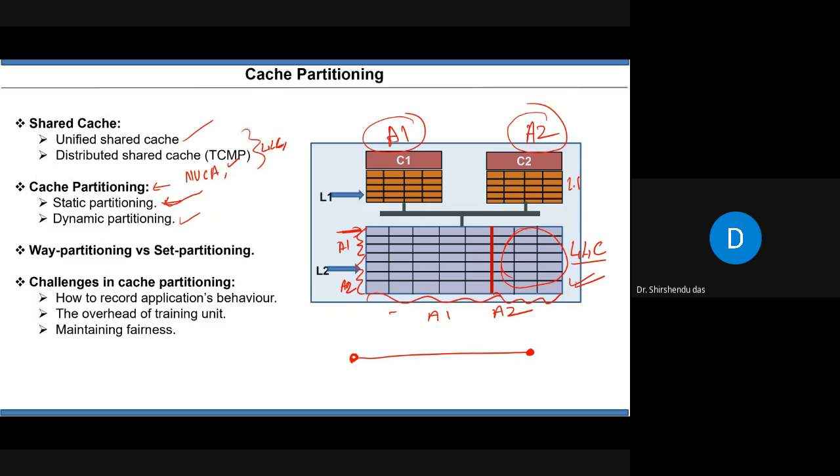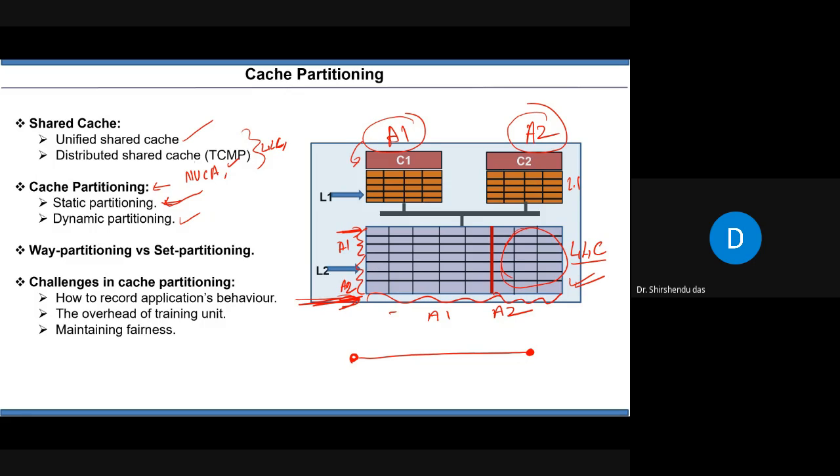Suppose there is an application in A1, and based on set index mapping, it maps to this set, the last set. But this last set we have already given to A2, right? So in that case, there will be no space for that block. So it means that if we go for set partitioning, then we need to change the mapping policy also. All these things we'll discuss in this course when we discuss cache partitioning.